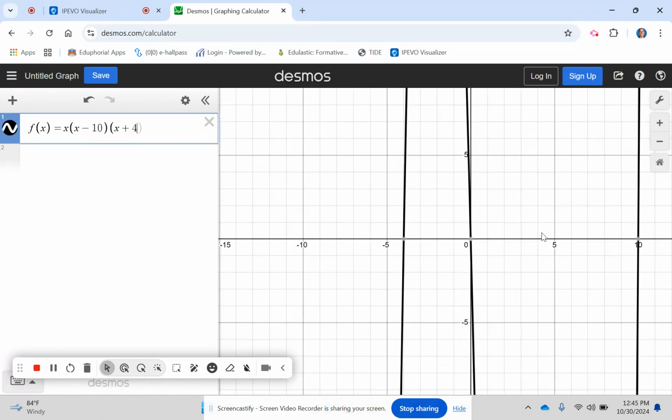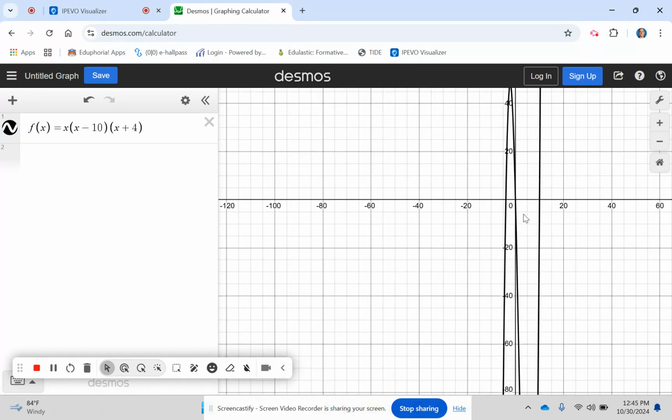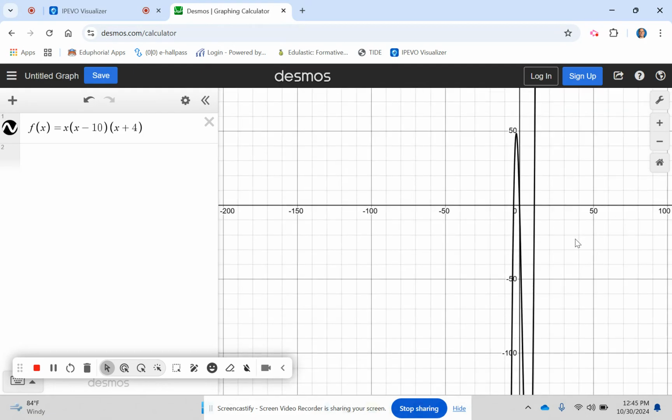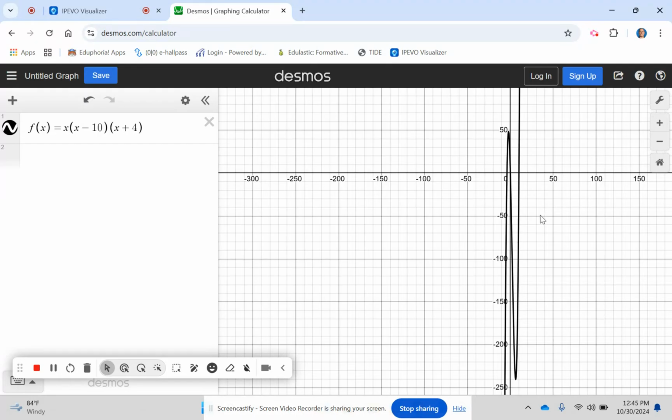And we're going to zoom out so we can see the whole graph. There we go. All right, so we see it's going up, back down, and back up again. Now to see this graph better, I'm going to adjust my window.